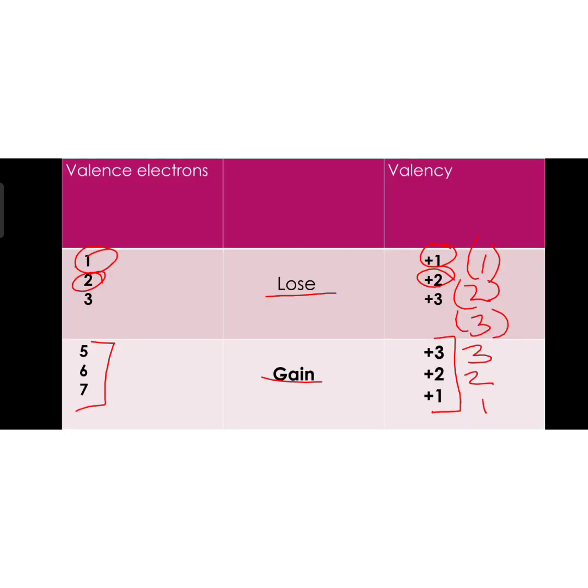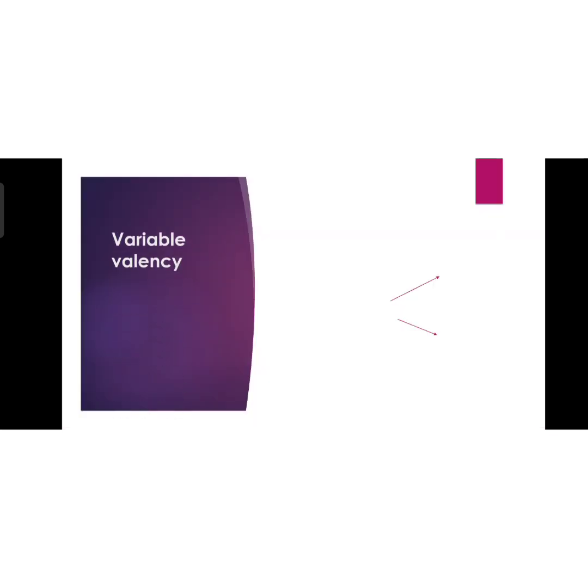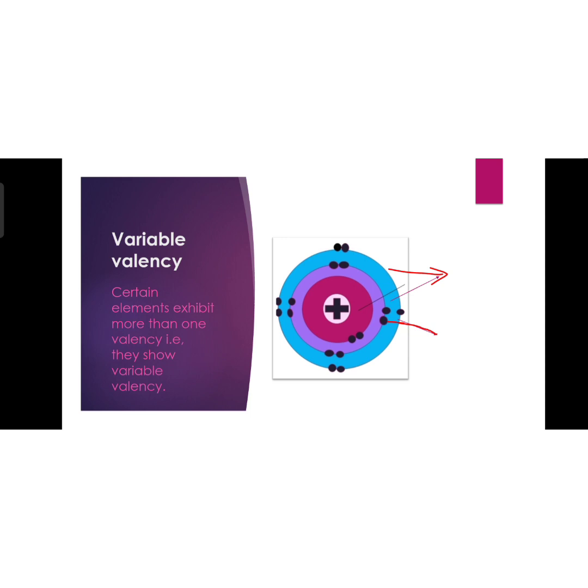Now, what is variable valency? The outer shell is the ultimate shell or valence shell and the inner shell is the penultimate shell. Some exceptional elements can lose electrons from both the shells.